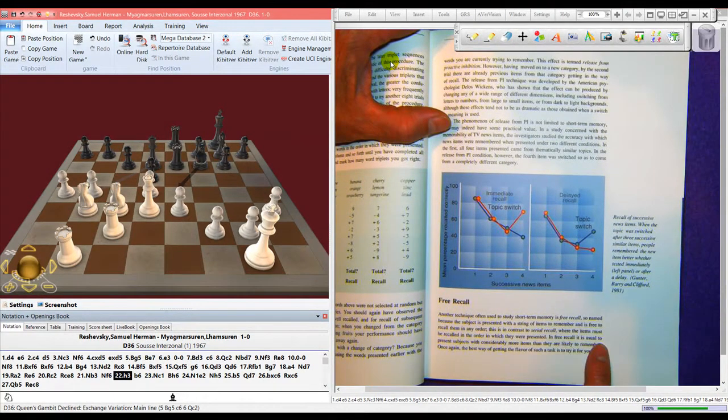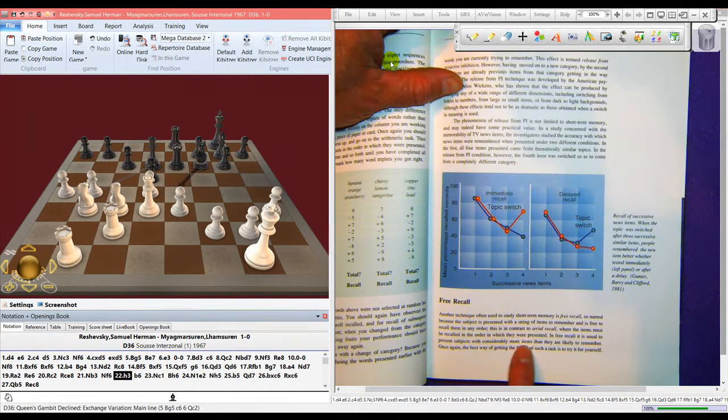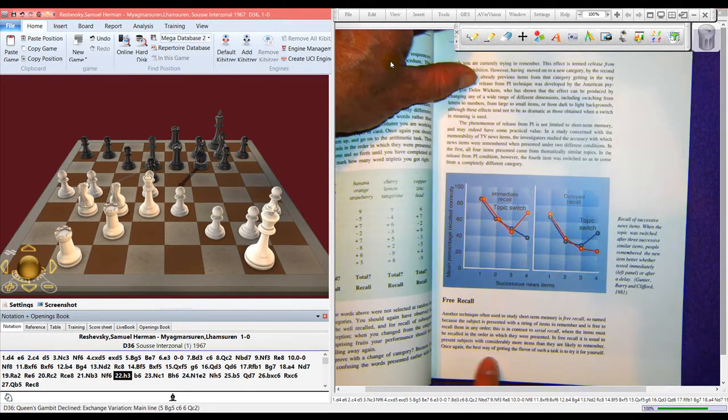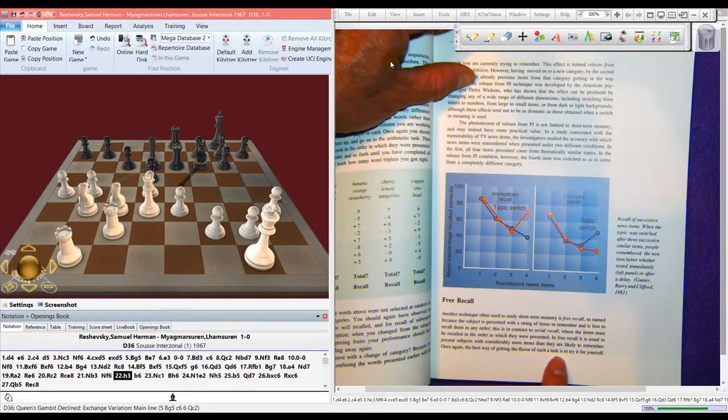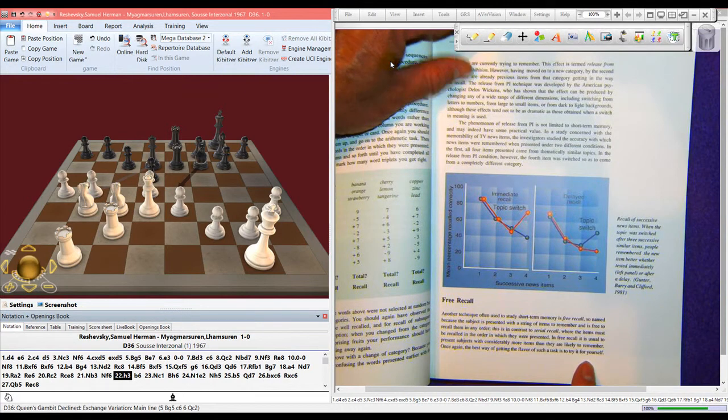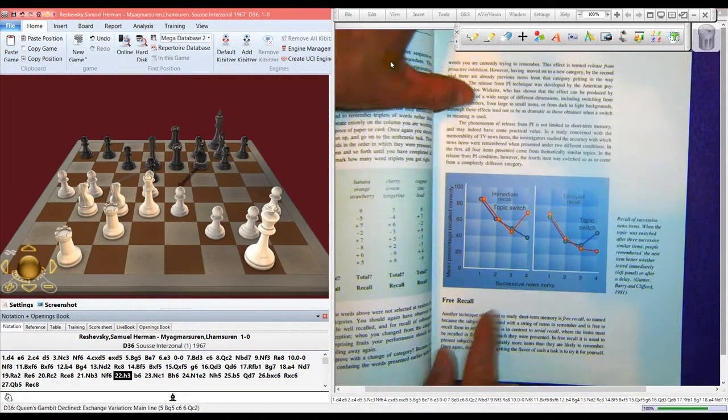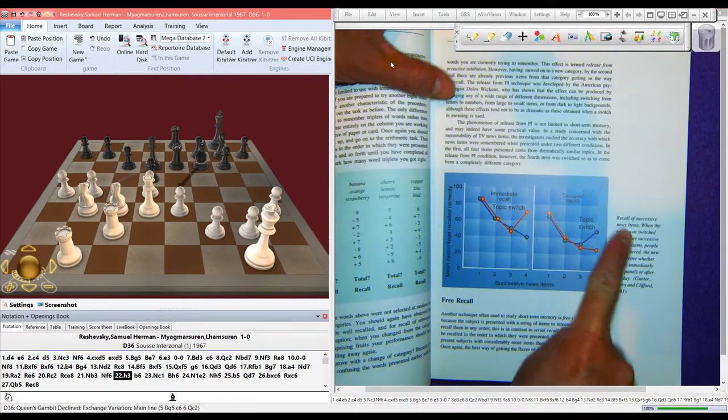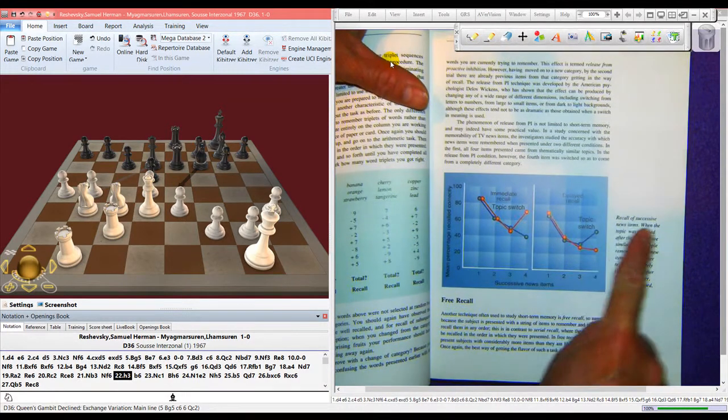Free recall, it is usual to present subjects with considerably more items than they are likely to remember. Once again, the best way of getting the flavor of such a task is to try it for yourself. And you take a look at the chart here on recall of successive news items.